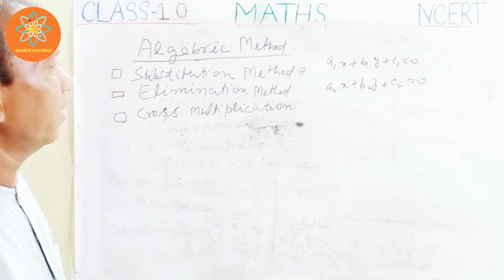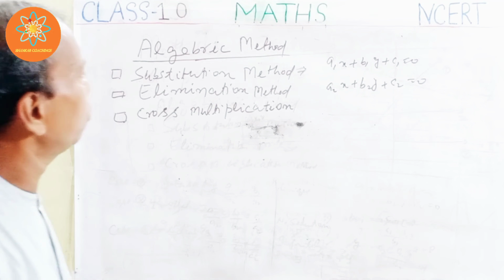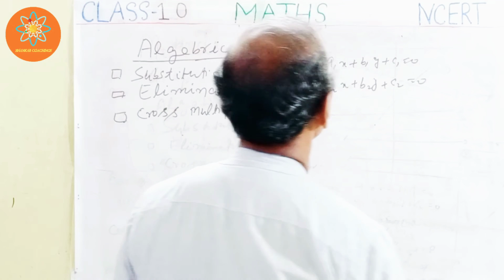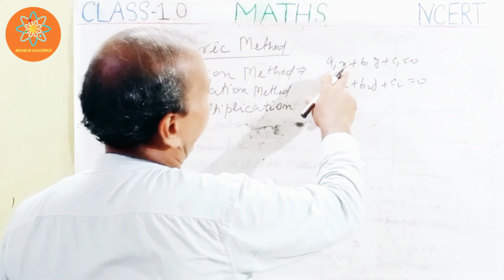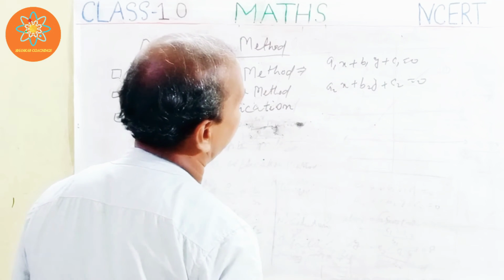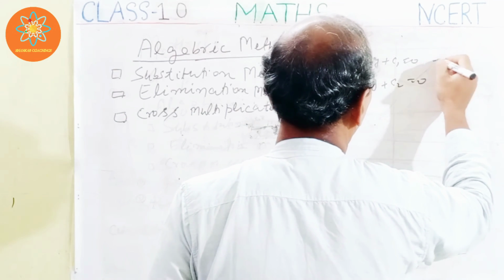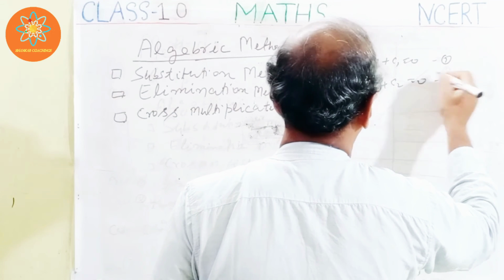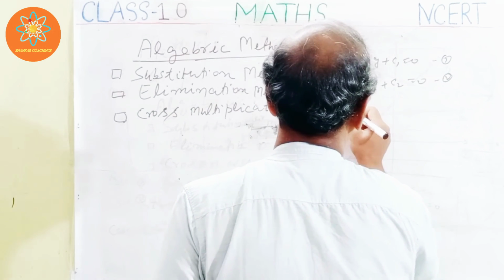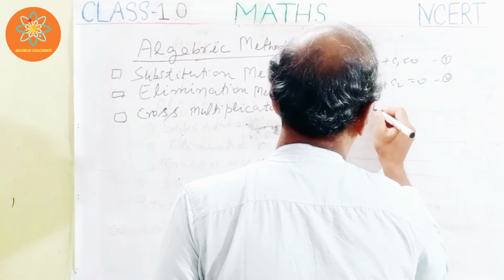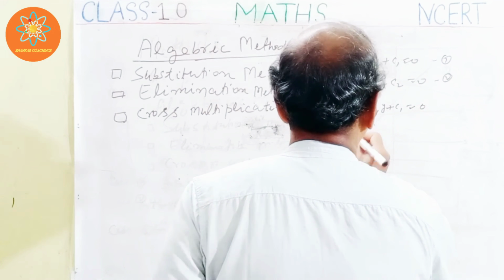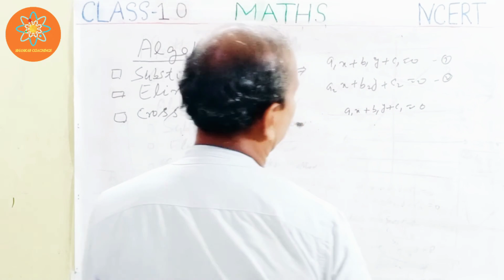So two equations are given. In the substitution method, I will take the value of x from one equation and put it in the other. Suppose this is equation 1, this is equation 2. From equation 1, a1x plus b1y plus c1 is equal to 0. So I will find the value of x.